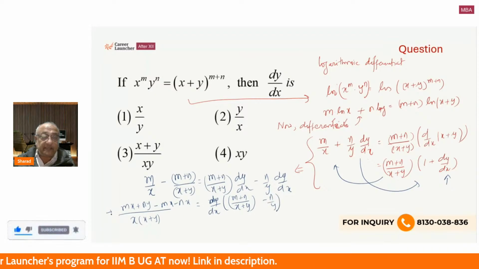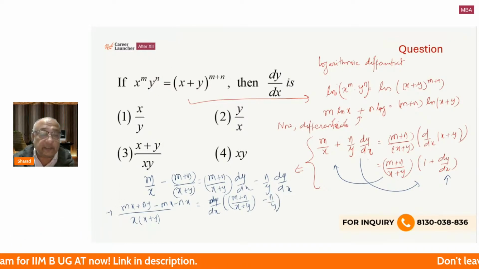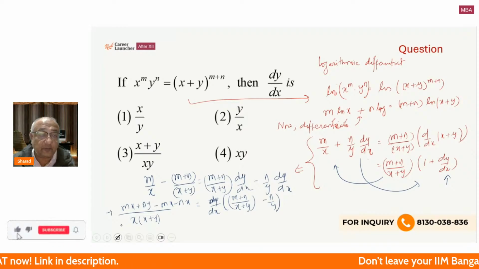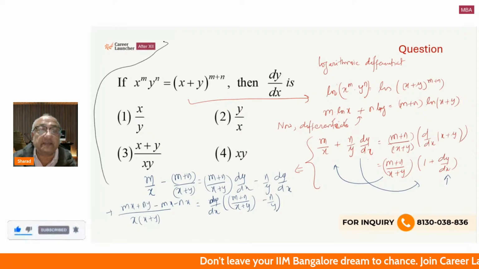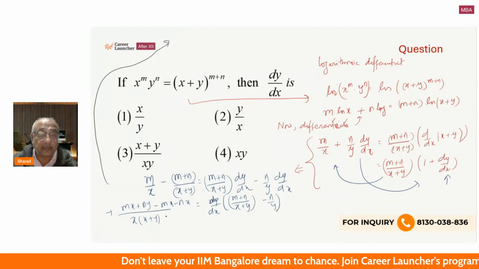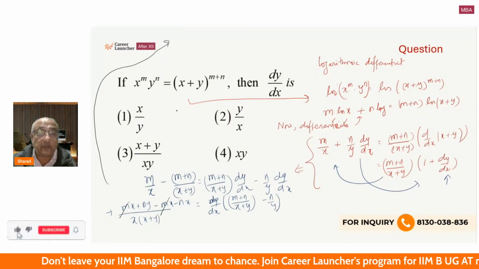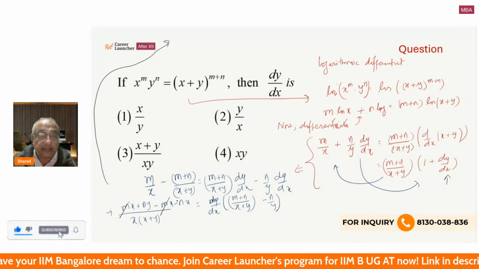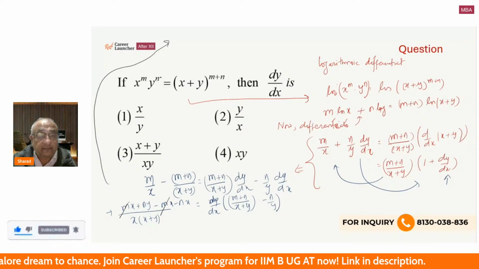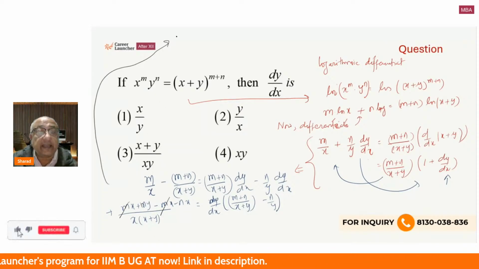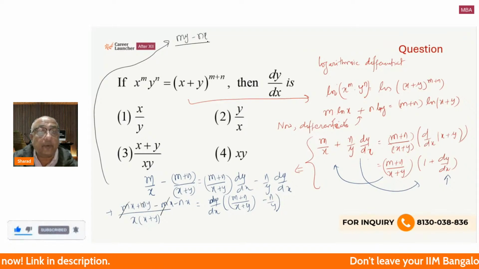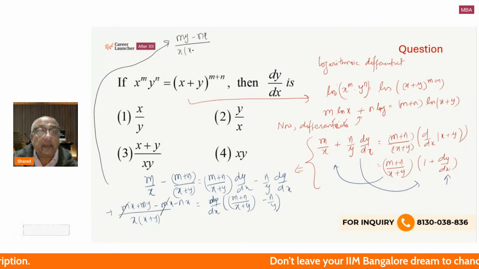Now here space is not there. I'll take my question here and I'll use a black pen. So when you're reviewing it, you can find out that this is the last step in the black part. This mx and mx will cancel. You will get here my minus nx upon x into (x plus y).